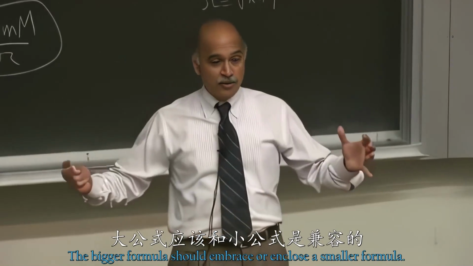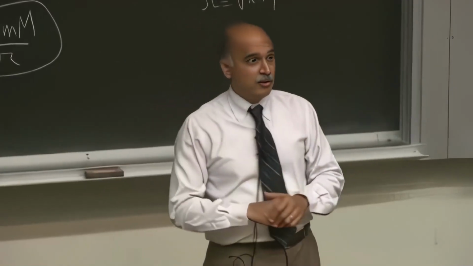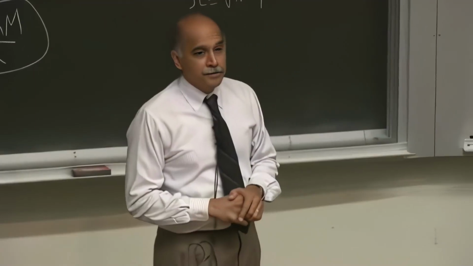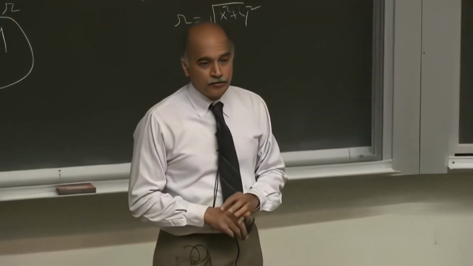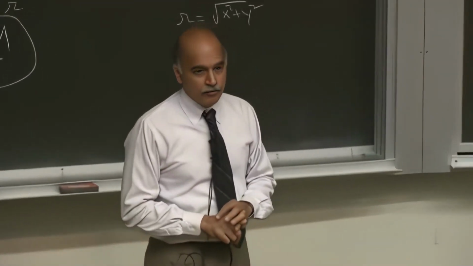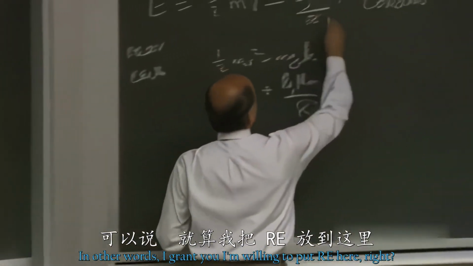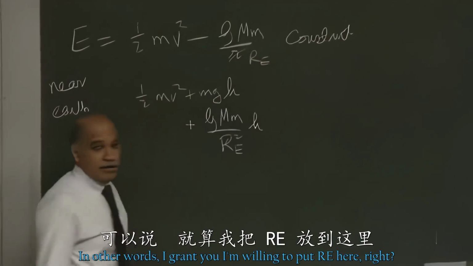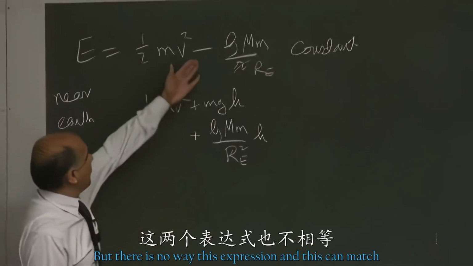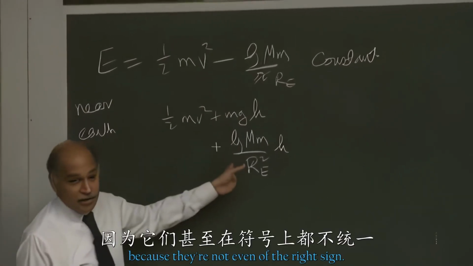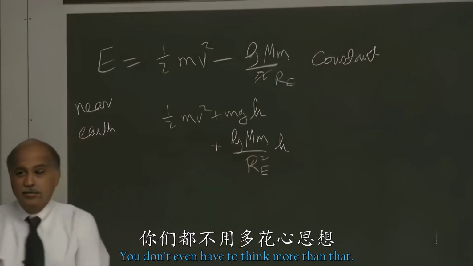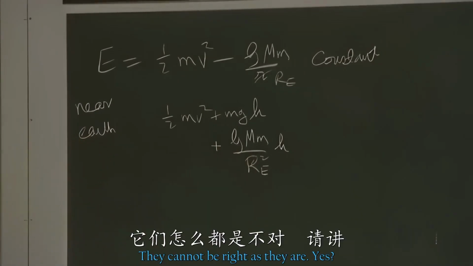The bigger formula should embrace or enclose a smaller formula. Maybe we should set the radii equal for the first one. Yeah, I will do that. In other words, I'm willing to put R_E here. But there is no way this expression and this can match because they're not even of the right sign. You don't even have to think more than that. They cannot be right as they are.